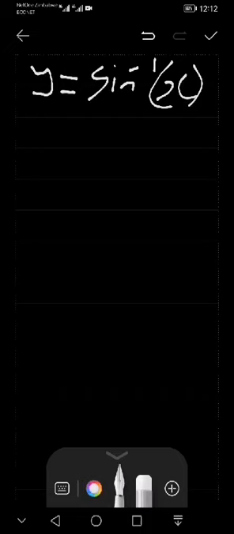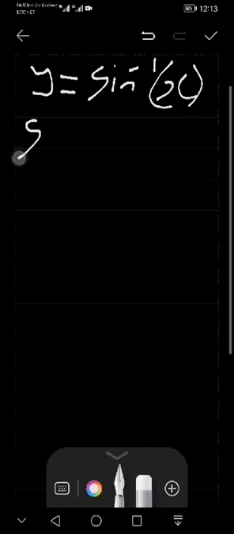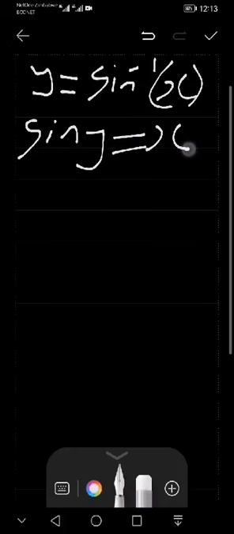So if we have y equals arcsine of x, I am trying to remove these arc signs. I can just bring back the sine to the side where there's a y. It will be sine y equals x. Then after that, I can now do differentiation. I hope you remember implicit differentiation.